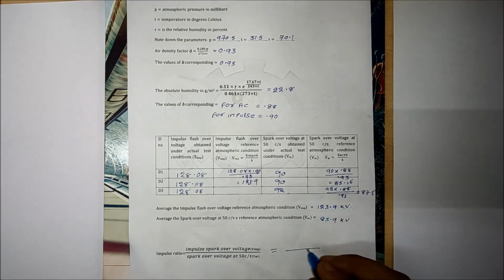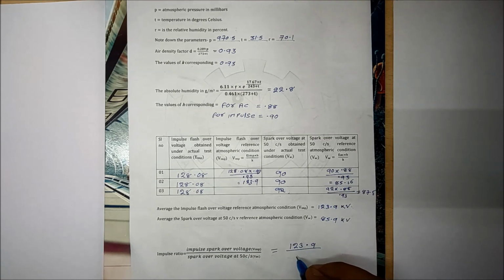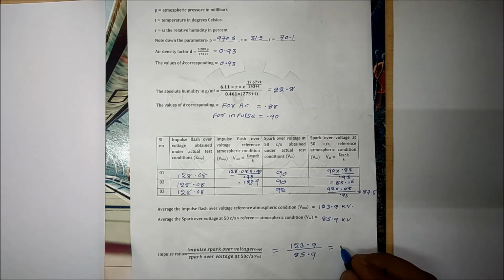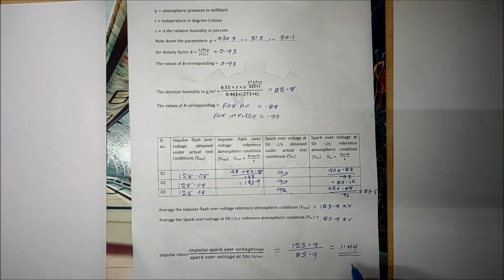Then finally calculate the impulse ratio. Impulse flashover voltage 123.9 and AC power frequency flashover voltage 85.9, that equals 1.44. That is the impulse ratio. 1.44 is the impulse ratio of a porcelain pin insulator.